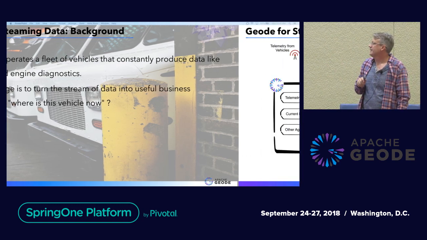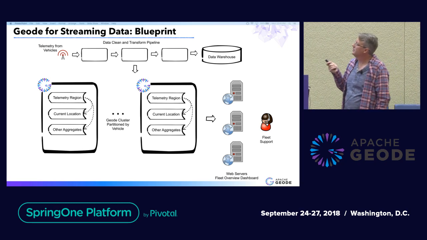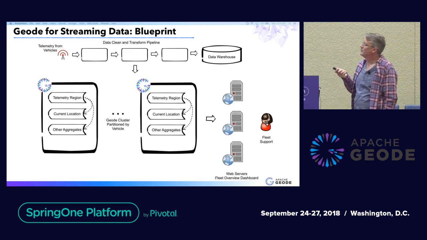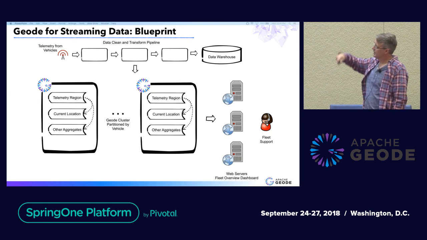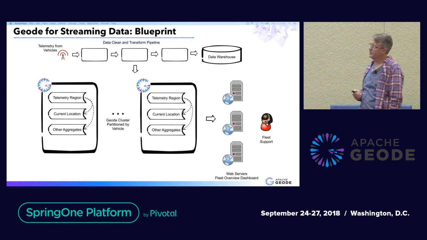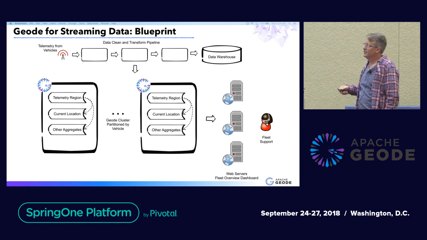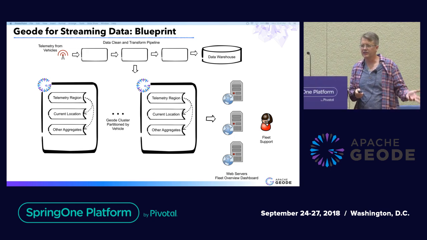So anyway, the way this system works is as follows. You have the information coming in off the cell networks, and it lands in a data center and goes through a data cleaning and transforming pipeline. One branch of the pipeline ends up in a data warehouse so that the customer can do BI and analytics.